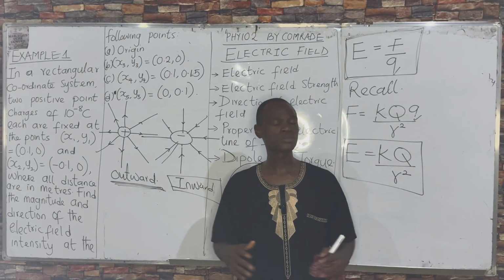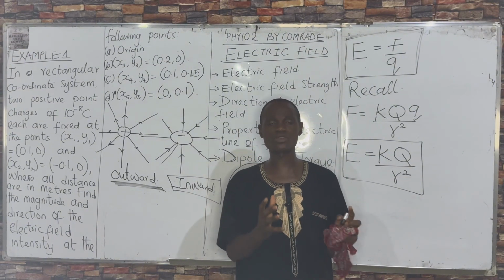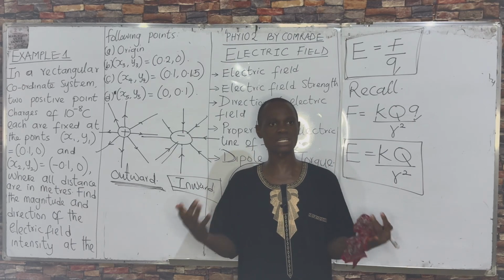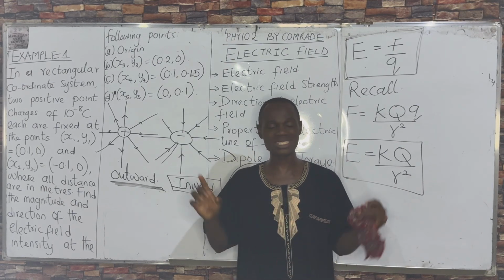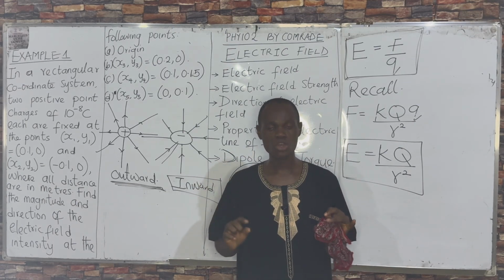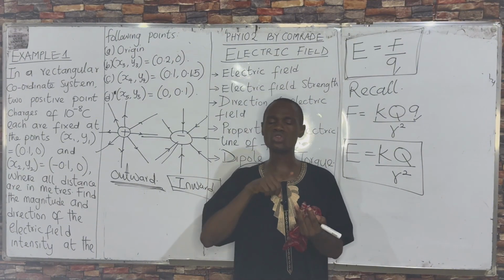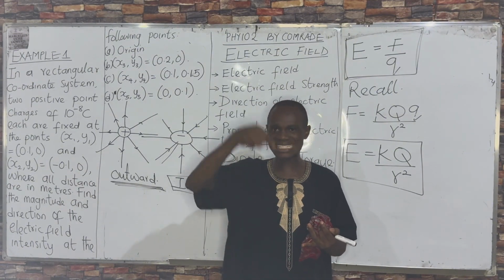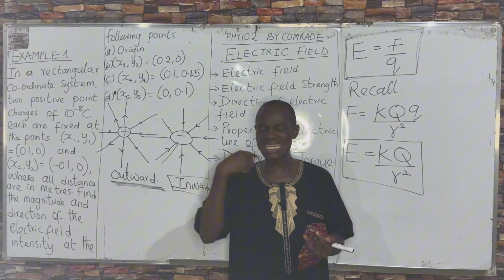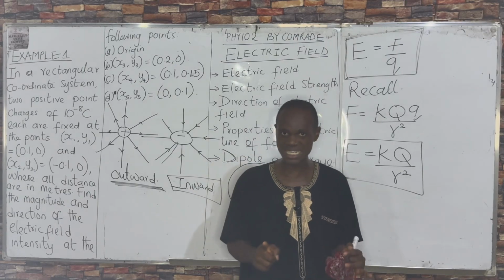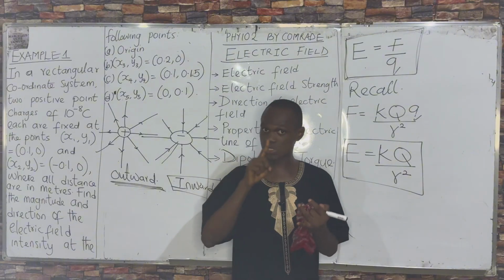There are certain properties of lines of force you should be familiar with. For example, lines of force do not intersect. That's number one. Number two is the tangent at any point gives you the direction of the field.